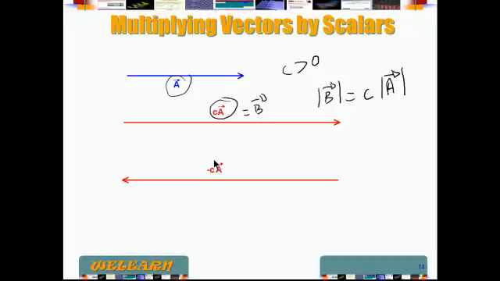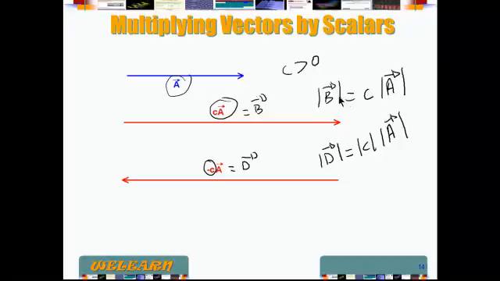Now, what if our scalar is negative? I represented it here by minus C. So our vector D, its magnitude is going to be the absolute value of C times the magnitude of A. Now, what about the direction?